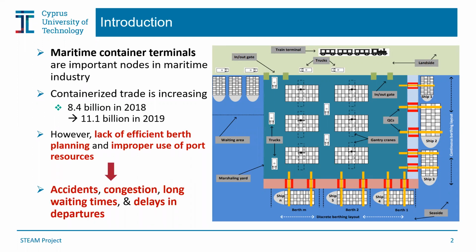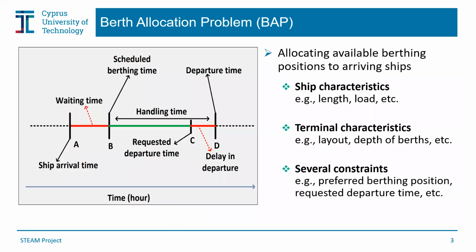For example, accidents at sea, congestion problems, long waiting time before berthing, and delays in vessel departure. So there is an exigent need of efficient techniques and approaches to deal with this increasing demand of the maritime industry.